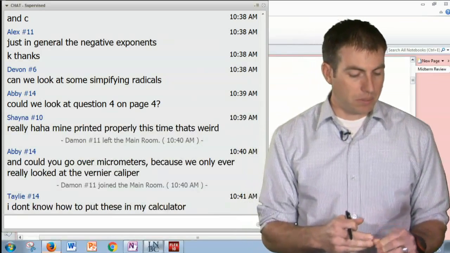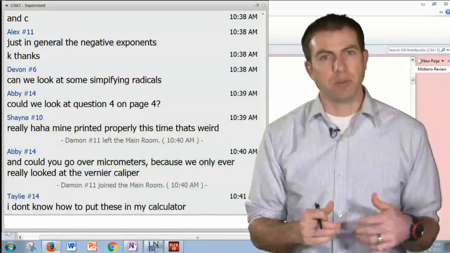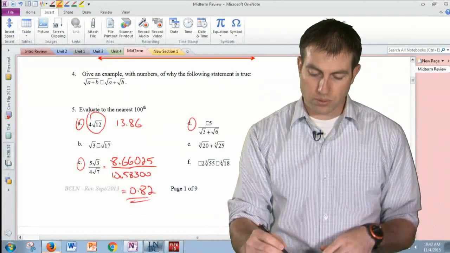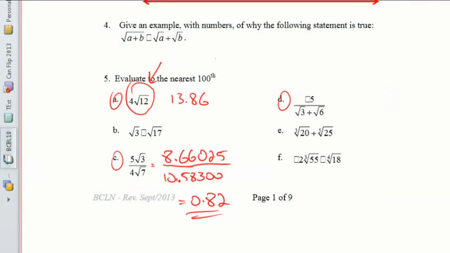Your calculator may be a backwards type calculator where you have to put in, like, if we look at the first example here, 4 root 12, you might have to type 12 and then hit the square root button and then the equals button and then the multiplication button and then the 4 button and see if you get this 13.86.